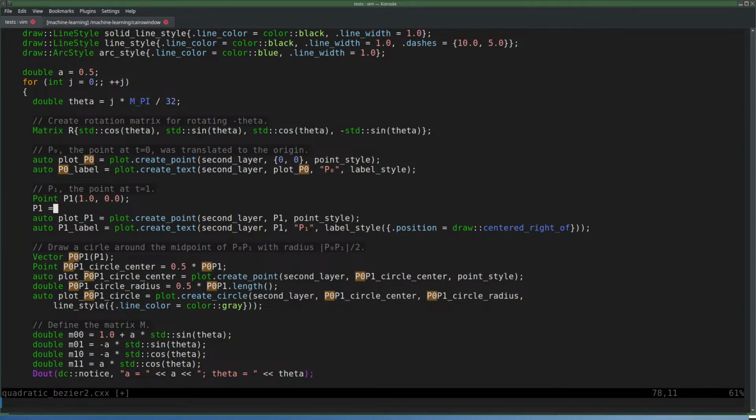It's a rotated P1. And it's a vector afterwards. So rotated P1 is R times P1. And that doesn't work because I have to convert this to a vector explicitly. And that returns a vector.